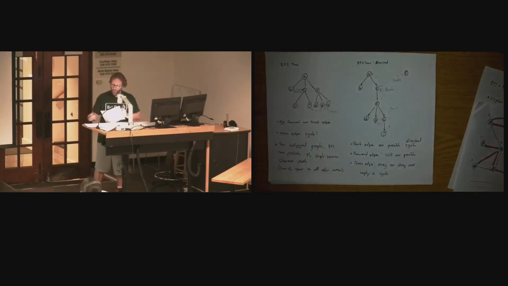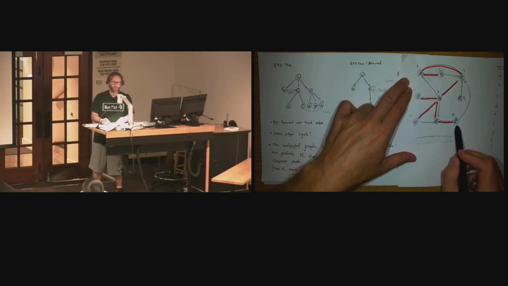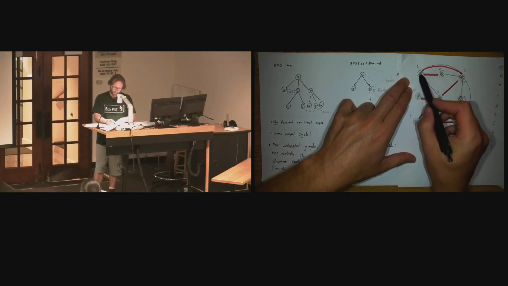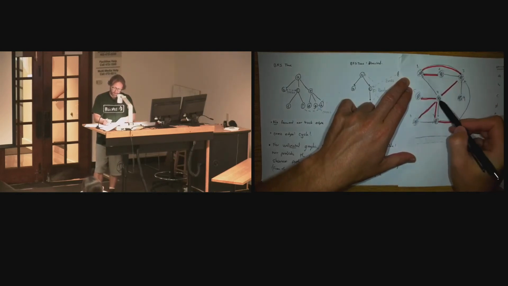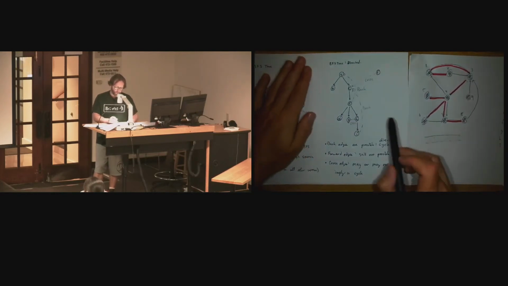Same thing for directed. Same question here. Going from A to I, what's the shortest distance? How can I get there the quickest? Well, if I go from A to B, what corresponds?